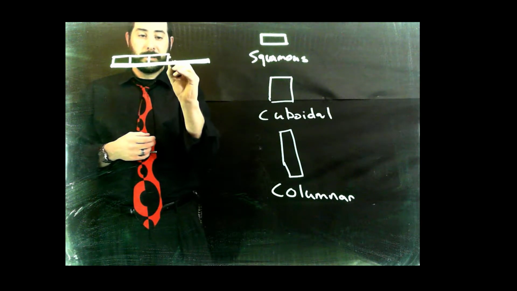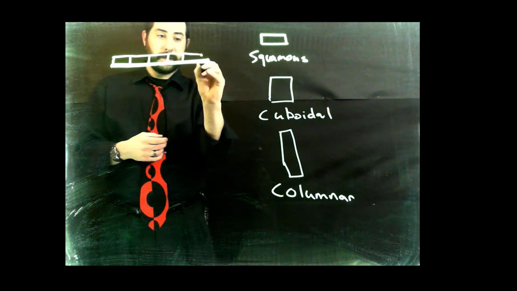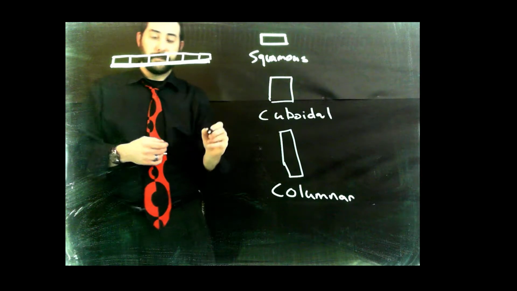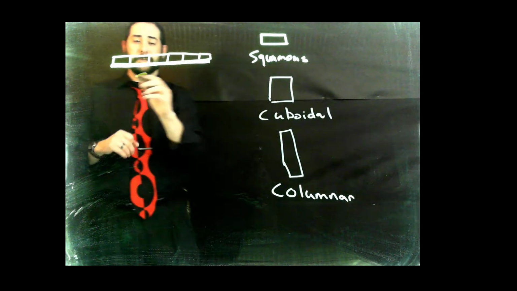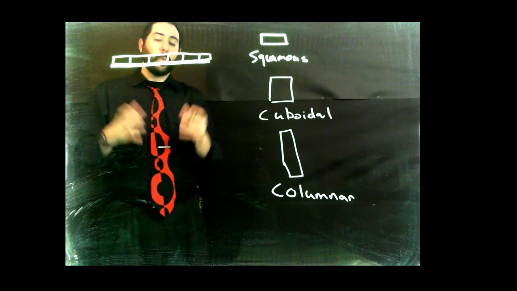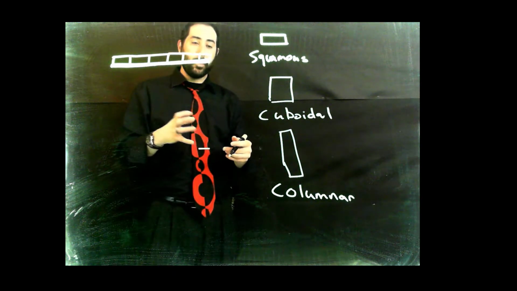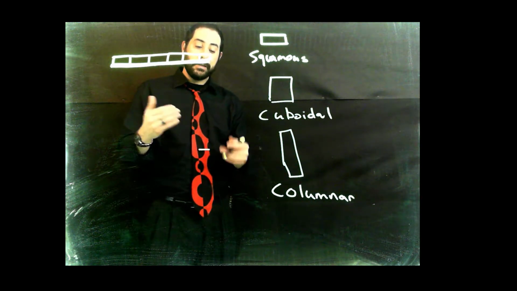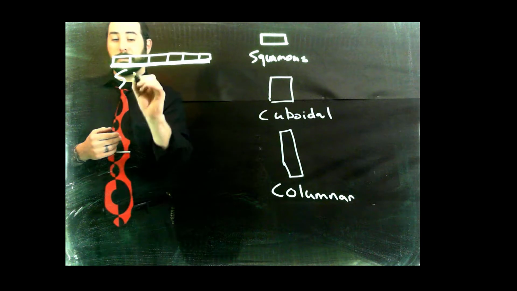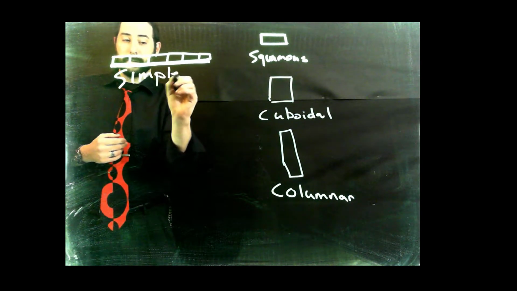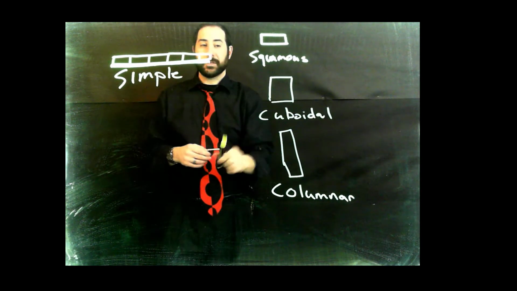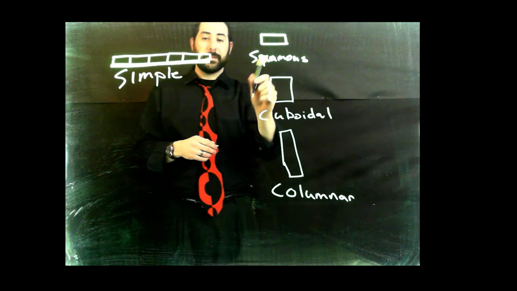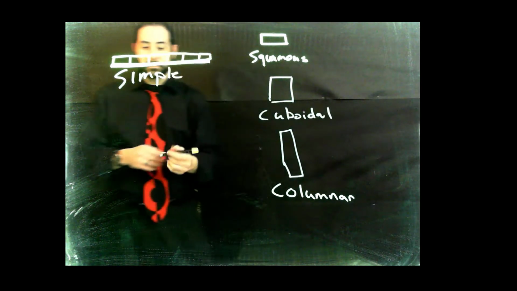So these would be considered squamous cells. So this would be one row, and we would then name it simple. And since it's squamous, we would call it simple squamous epithelial tissue.